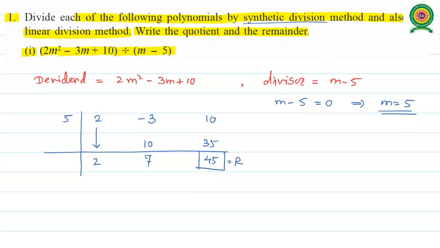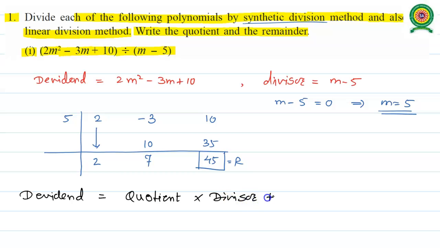Now as per the well-known division algorithm, we can write dividend equals quotient times divisor plus remainder. The dividend is 2m² − 3m + 10. The quotient's coefficients are 2 and 7, so how to write the quotient?